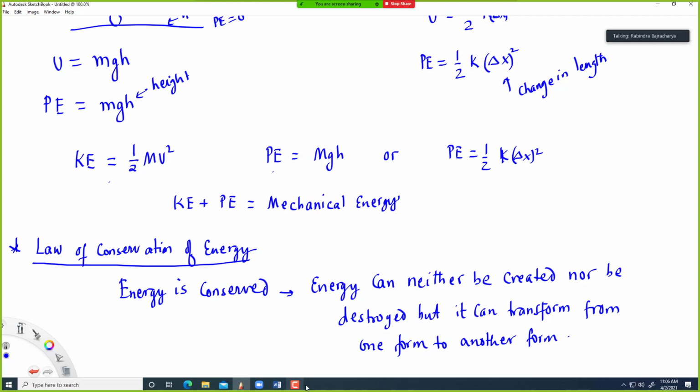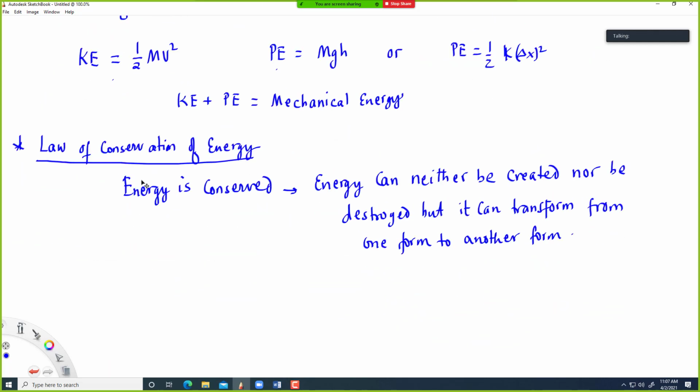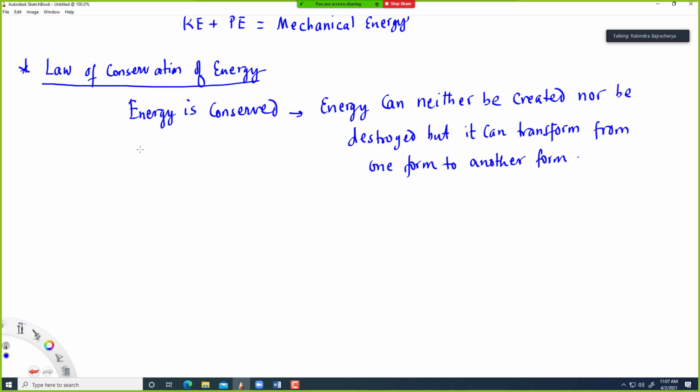So what that means is, let's say you drop an object from some height. Okay, so that's the initial position of the object, and at this position all it has is the potential energy. Okay, because it has some height, that means it has potential energy, and it starts at rest, so it doesn't have any kinetic energy. So kinetic energy is 0, and the reason for that is because speed is 0.